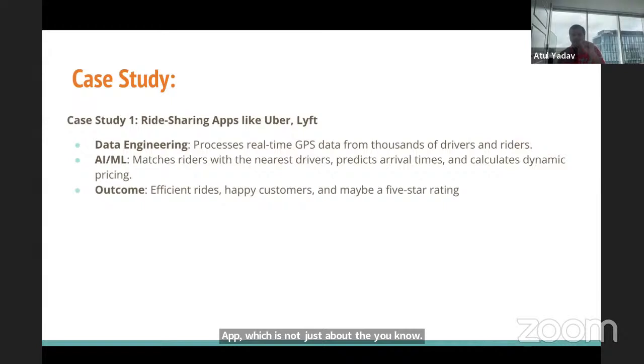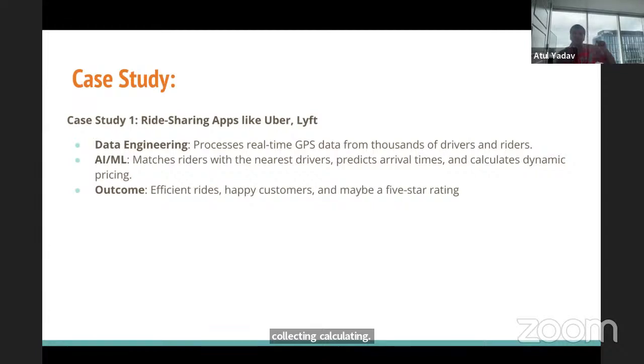It is something which in the back end will process real time data for thousands of users, thousands of riders, making sure that they match them efficiently, predict the right arrival times, and calculate the fare prices as well.